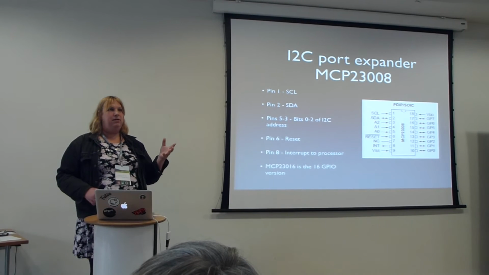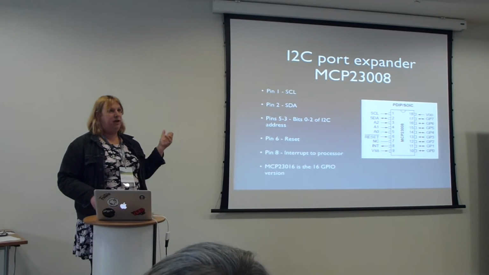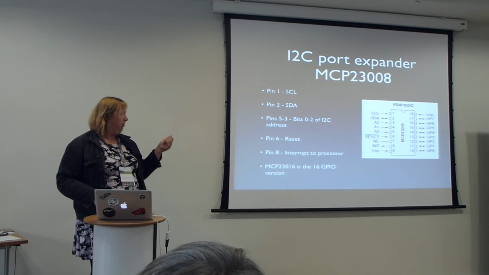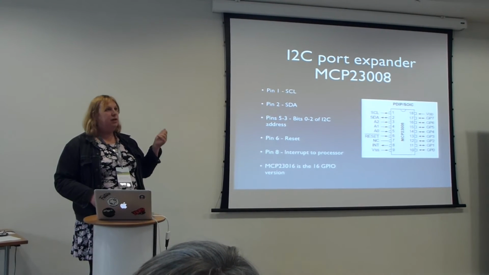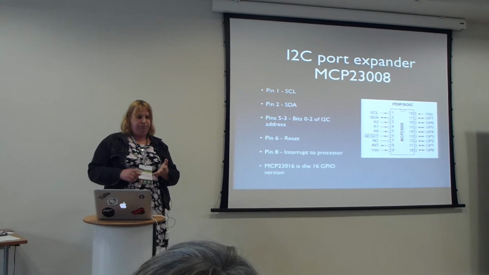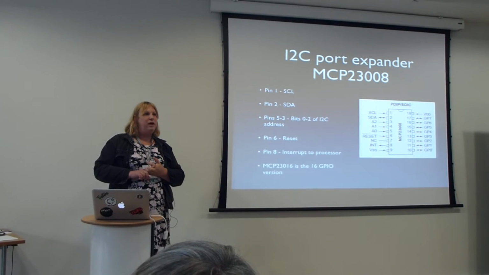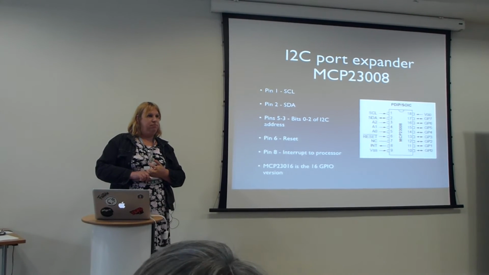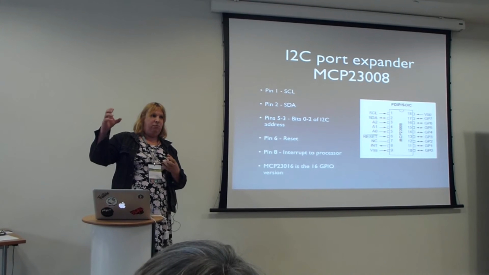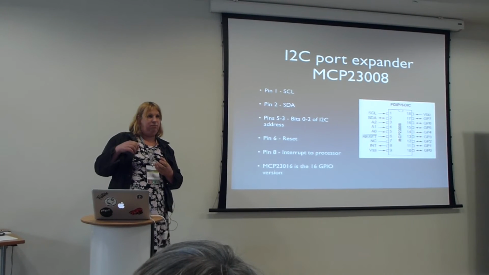We've got a reset line, useful if it goes wrong: just connect it to a GPIO and put it low when it starts misbehaving. An interrupt line: I2C has no way of supporting interrupts, as a way of the device contacting us.